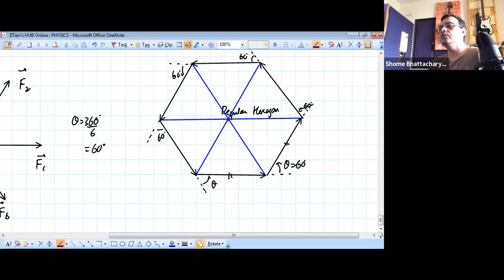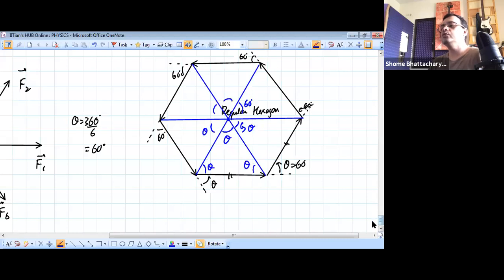Look at the centroid of this regular hexagon. These angles are also 60 degrees each. In this case, it's very easy because they form an equilateral triangle like this.